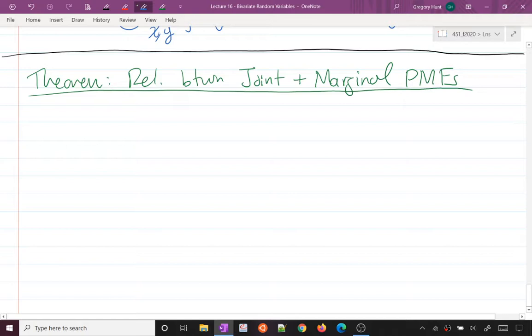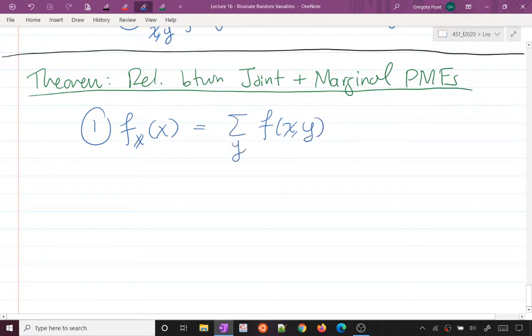There's kind of two things we can write. One, the marginal PMF of X, that is, if we were just to take X alone and look at its PMF, we can get that from the joint PMF of X and Y by summing out Y, as it were.